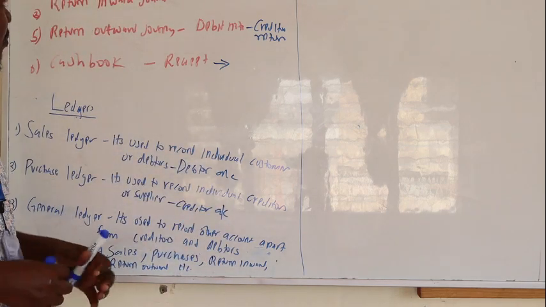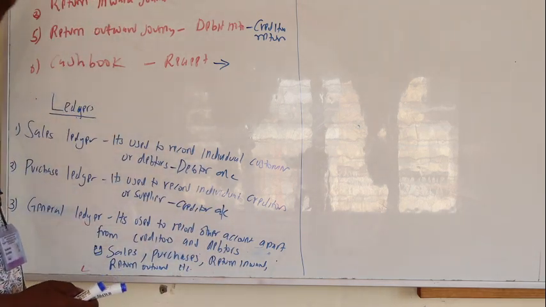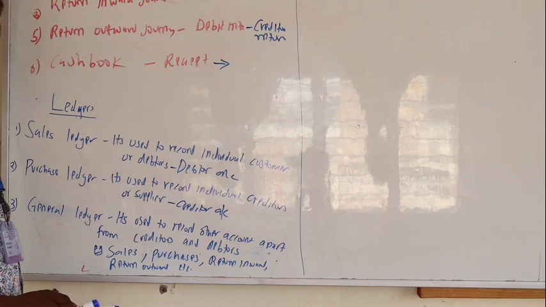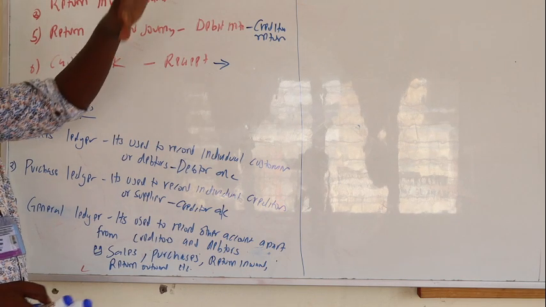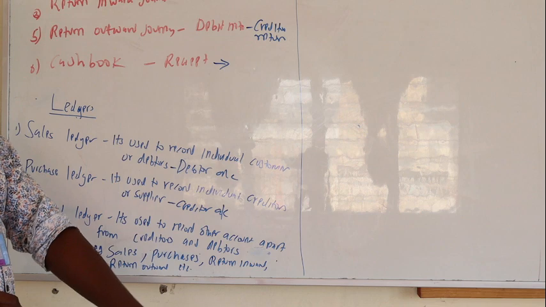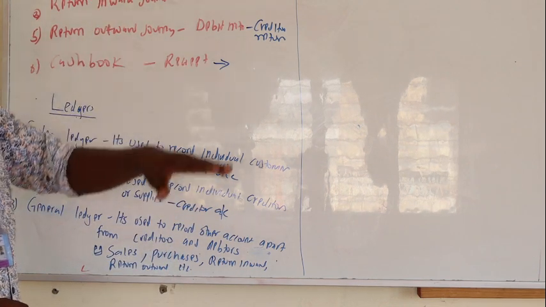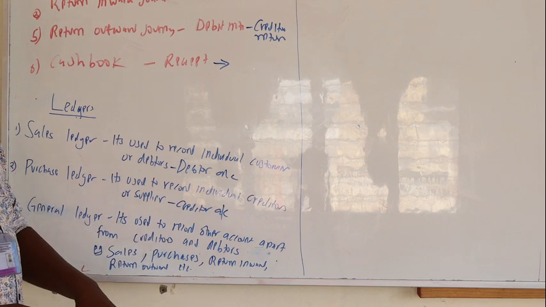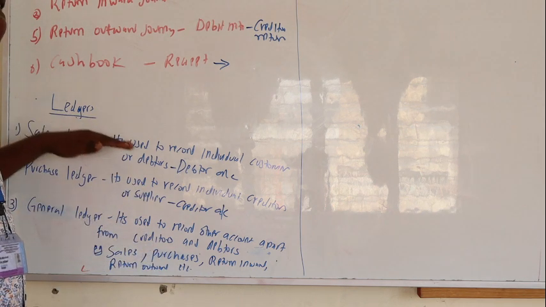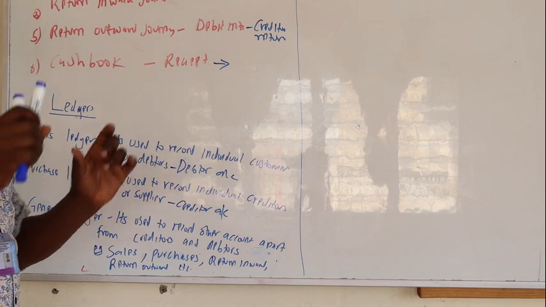So class, get the difference. We have books of original entry, which record all the debtors if it is the sales journal, and all the creditors if it is the purchase journal. Then we have ledgers, which record individual accounts.